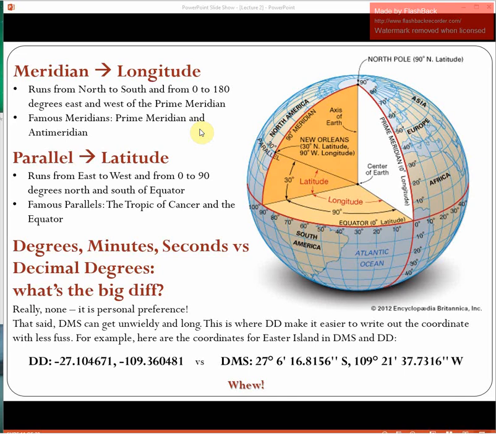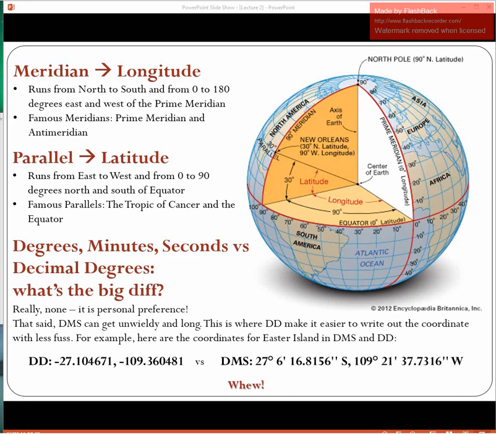And I mentioned before the degrees, minutes, seconds versus decimal degrees. What's the big difference? Well, really none. It is actually personal preference. You will always find your intended point as long as you're using the intended datum. Some people find degrees, minutes, seconds easier to handle or think about because the coordinate is an understandable circle or sphere, which we know is divided into 360 degrees, and thus is just easier to think about.